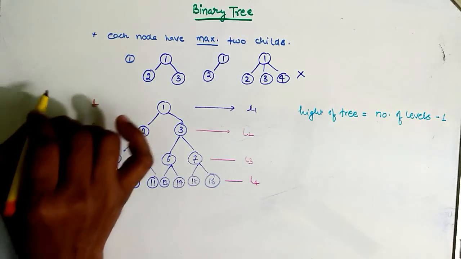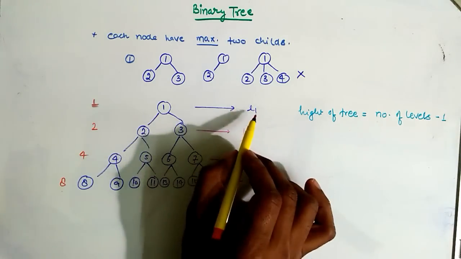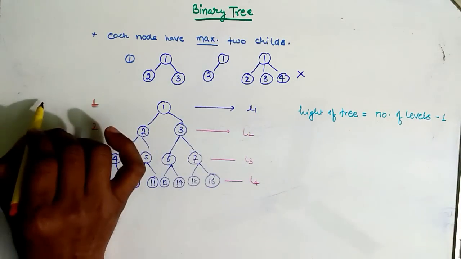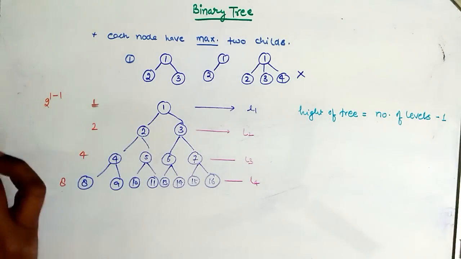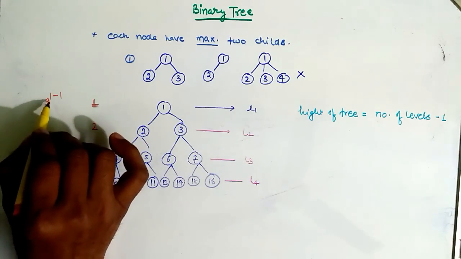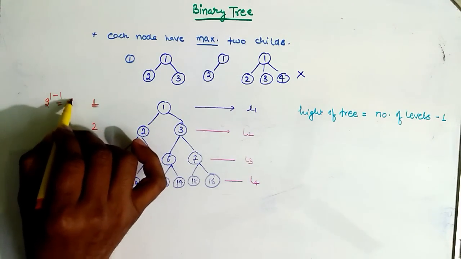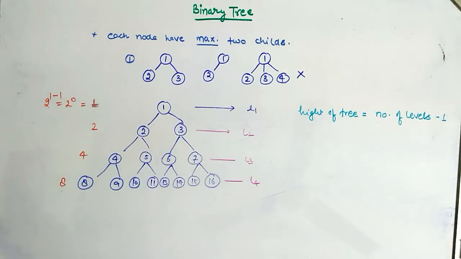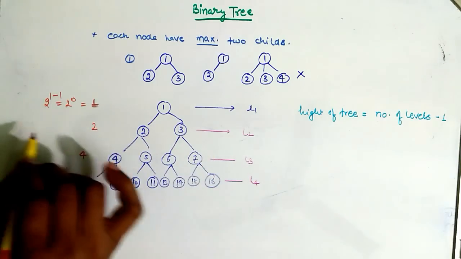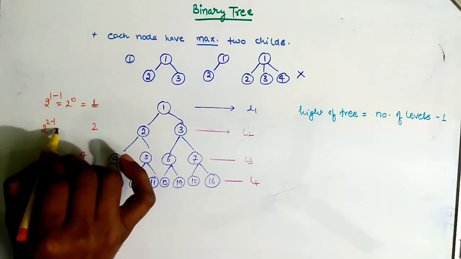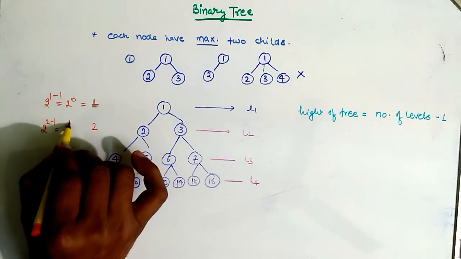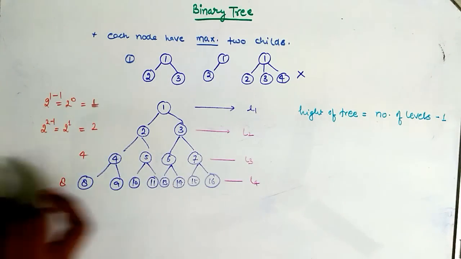Okay, so I can say that at level 1, it contain 2 to the power 1 minus 1. If level 1 is there, it means 2 to the power 0, or we can say that one node is there. At level 2, we can have 2 to the power 2 minus 1, or 2 to the power 1, or 2 nodes are there.